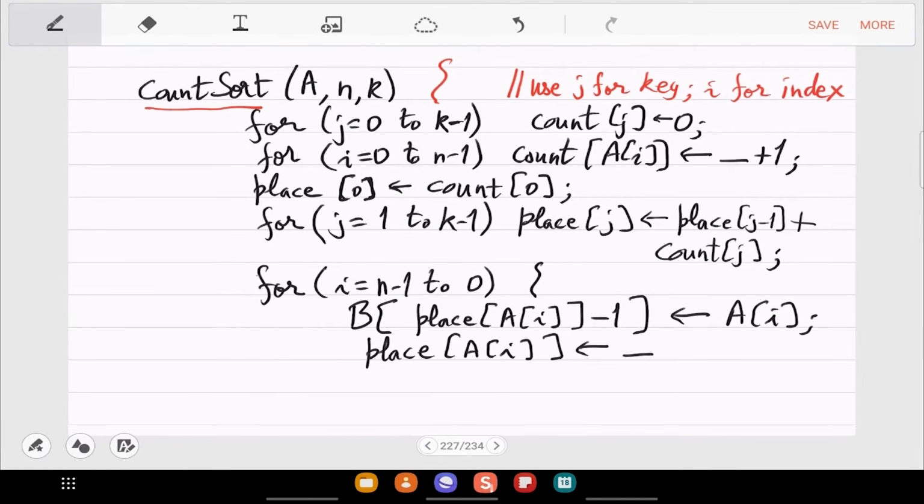So decrement it, so place[A[i]] minus 1. And then you read the element of A one step backwards. So this will correctly calculate the output.